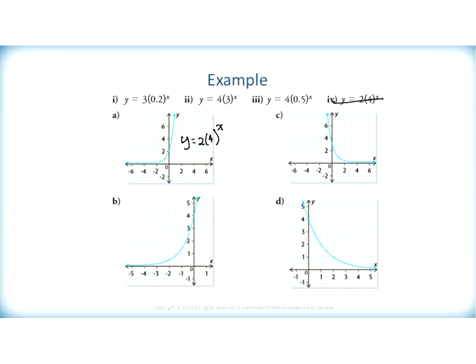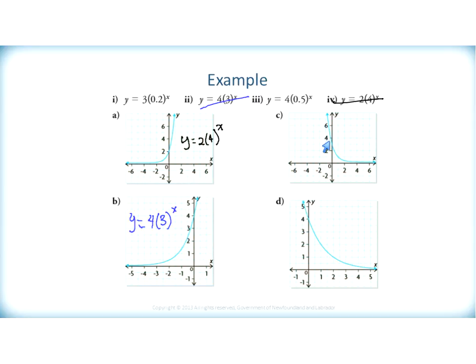In my next function, function b, I also have an increasing function, where the y-intercept is 4. And so this function would be y equals 4 times 3 to the power of x. I have two decreasing functions left.